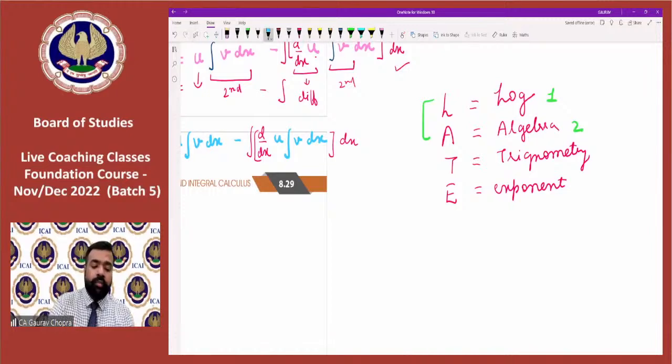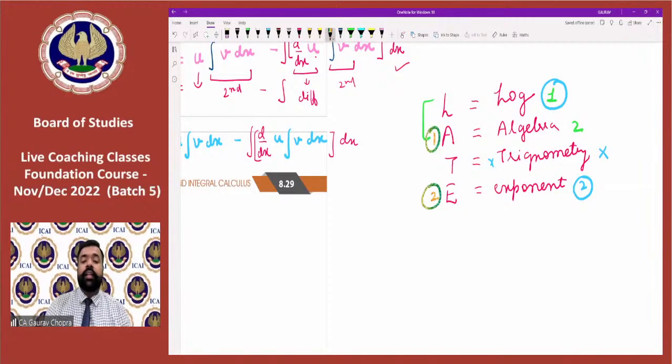Trigonometry is not in our syllabus, so we don't have to compare with trigonometry. Then let's say log and exponent are there. So log can be taken as first, exponent will be second. If algebra and exponent are there, algebra will be first, exponent will be second. That means as per this sequence, we have to take the priority.